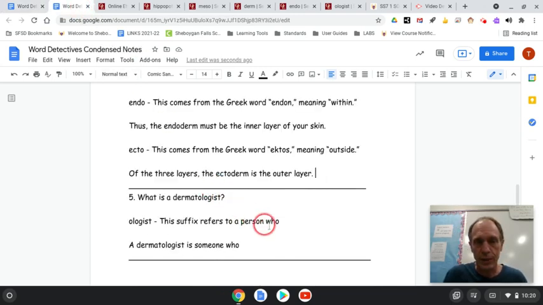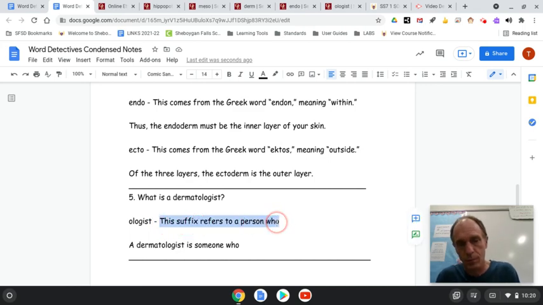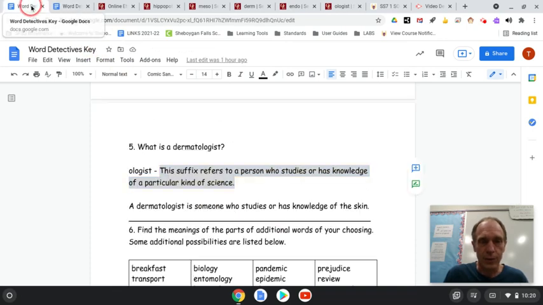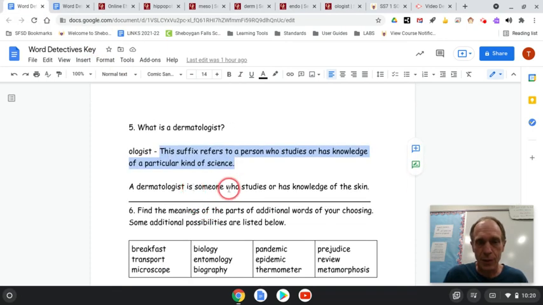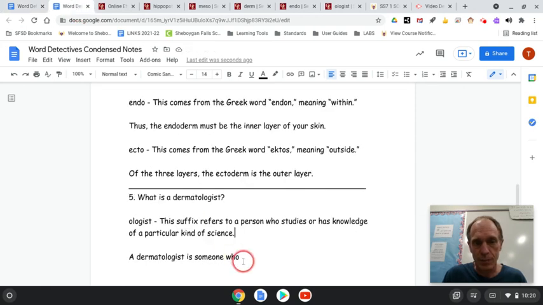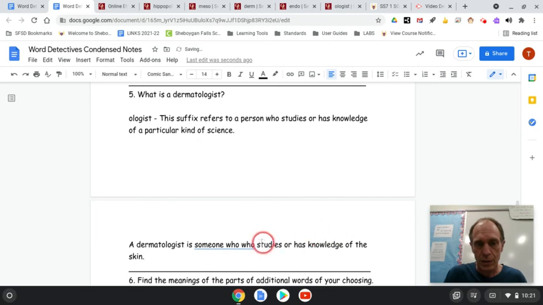So let's put that in here. And then we know that a dermatologist is someone who studies or has knowledge of the skin.